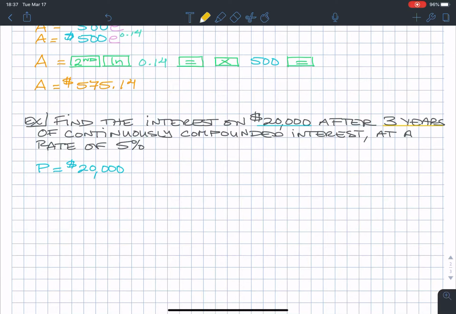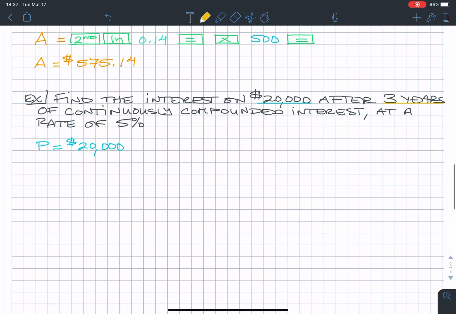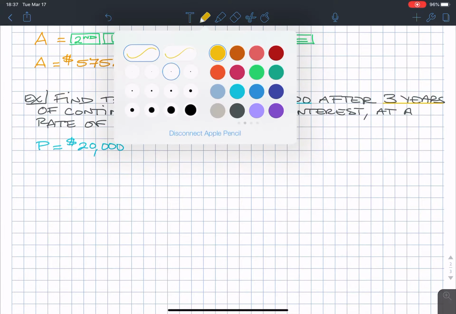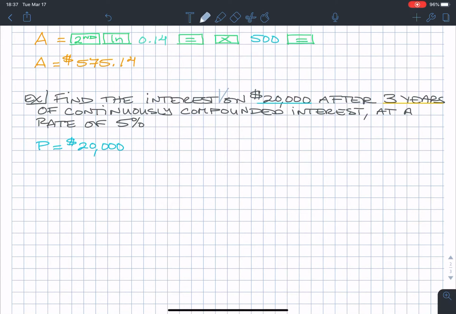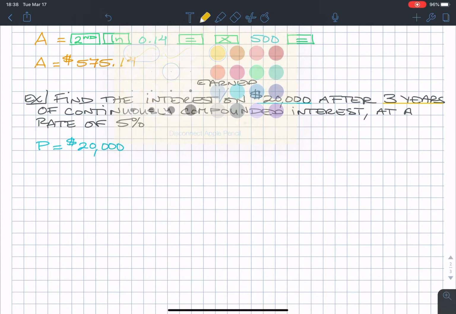Oh, wait, did I say find the interest? Oh, interest earned. That's what I wanted to say. Okay, well, find the interest earned. I wanted to say earned here, otherwise that makes no sense because I gave you the interest rate. So find the interest earned on $20,000 after 3 years.